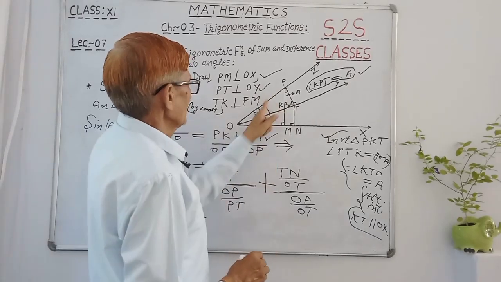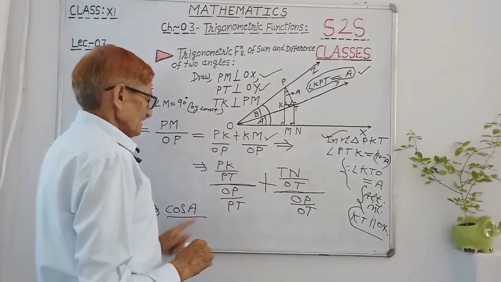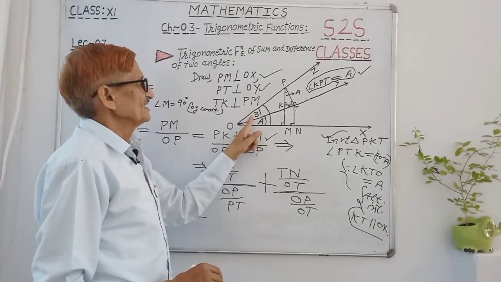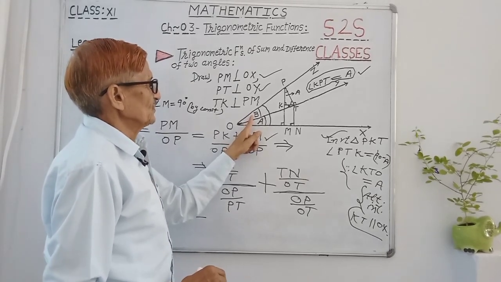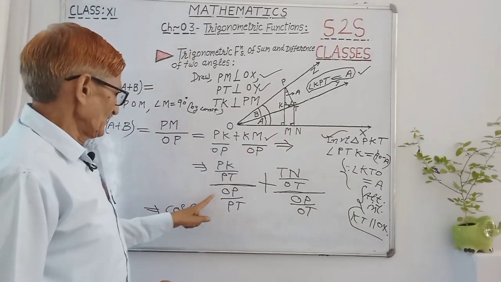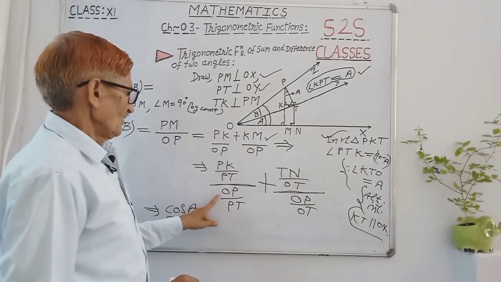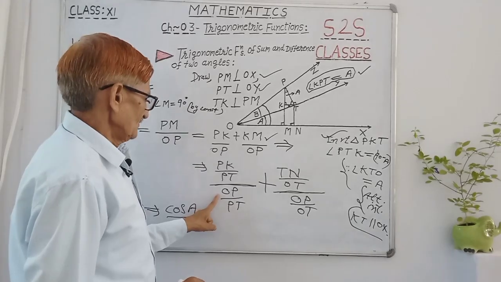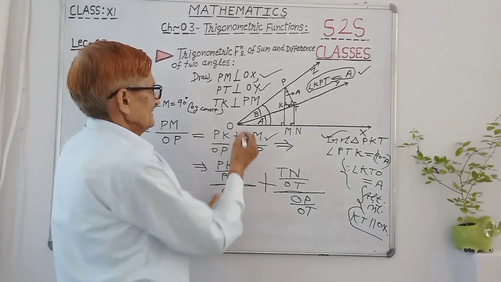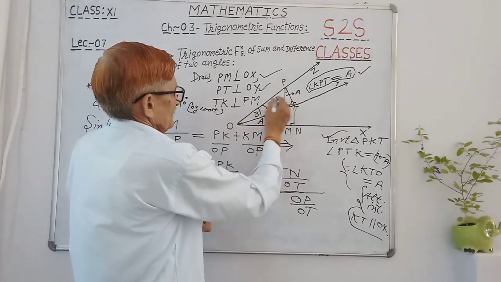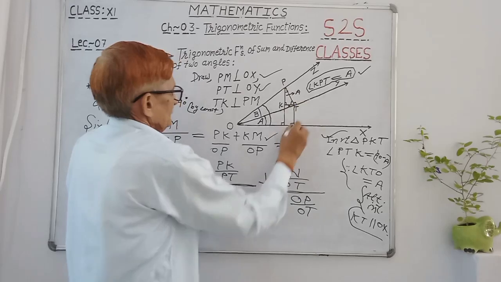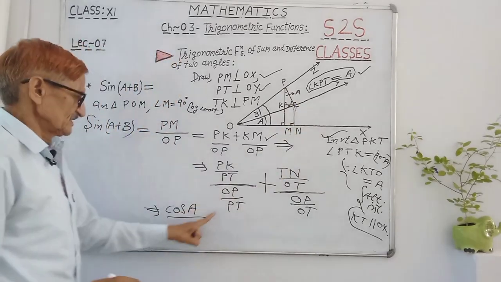So in right triangle PTO, with angle B, the opposite side of angle B is PT and OP is the hypotenuse.